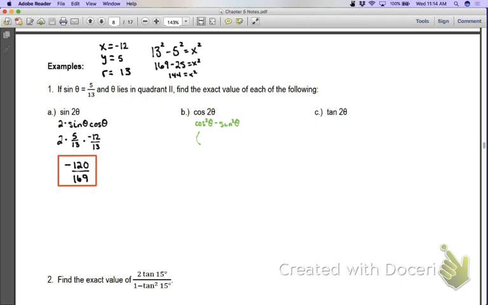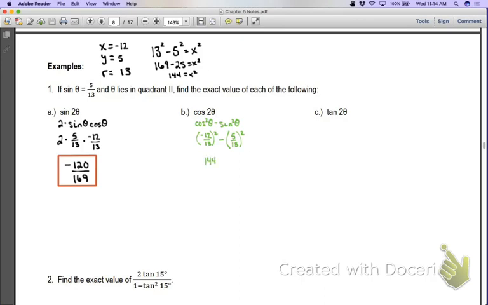Cosine is negative 12 over 13, I'll square it, minus sine squared theta, so I will take my 5 over 13 and square it. Again, you're going to have the same denominator, so everything's going to be nice and neat.